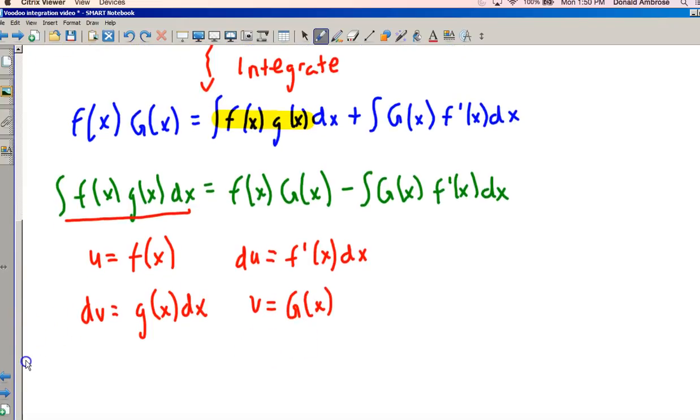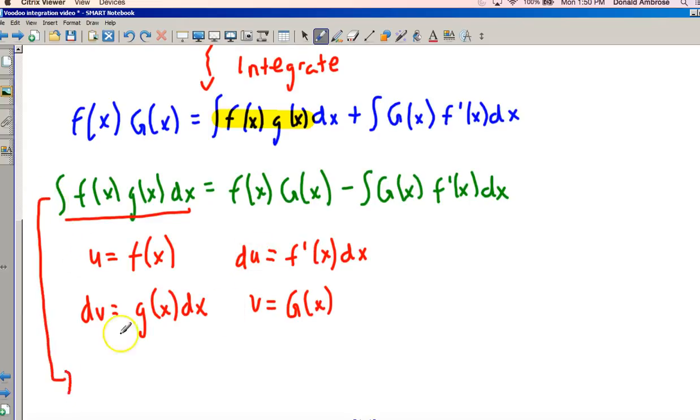And with these four terms, I can now substitute into this formula that we derived to get the formula you'll probably want to use and memorize. So starting off, we'll have the integral of f of x, which is equivalent to u, times g of x dx, which is just equal to dv.